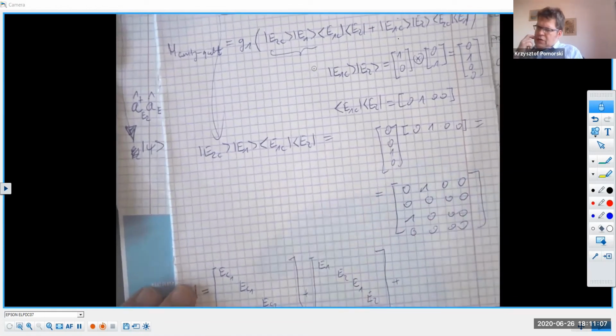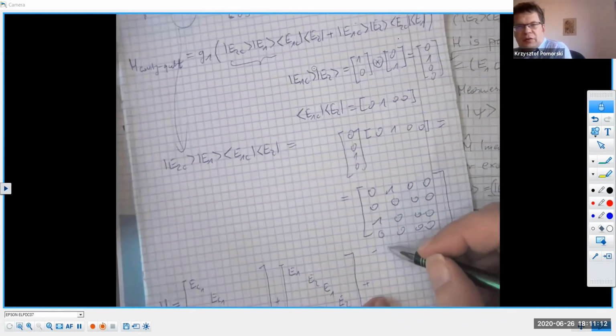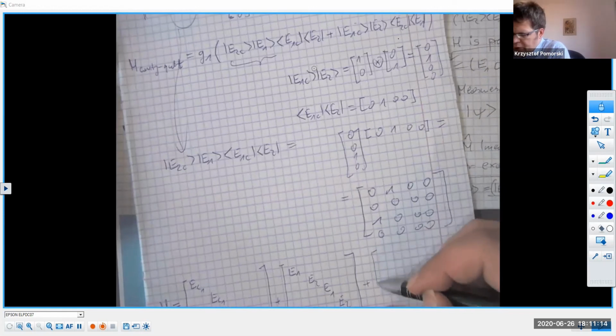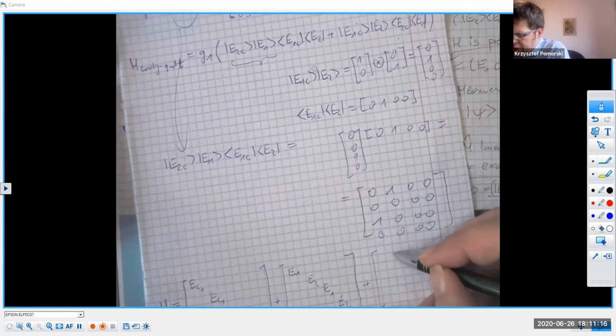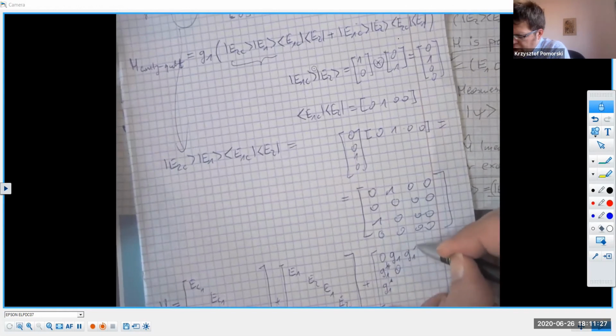And it is important that the non-diagonal terms will generate entanglement. So basically we have this G1, G1, G1, G1.